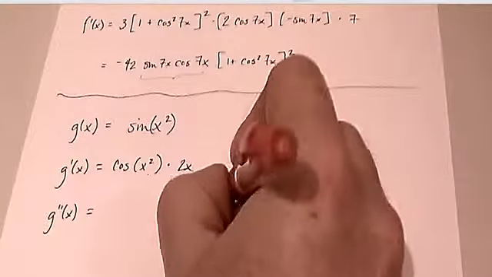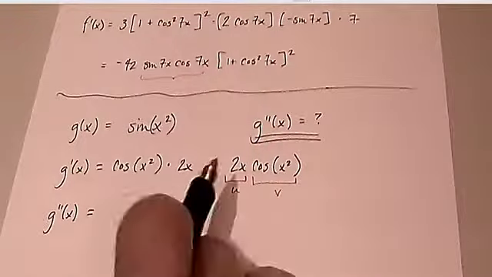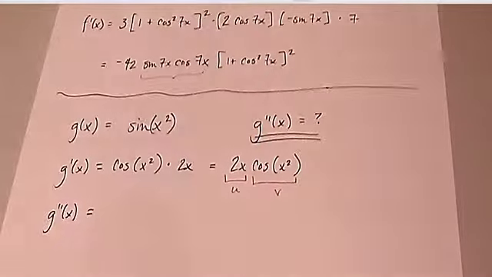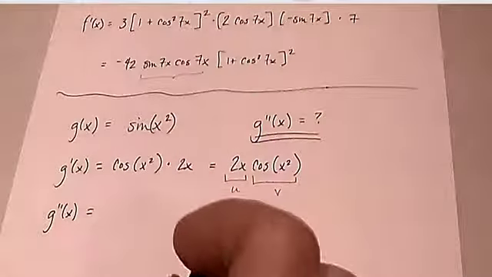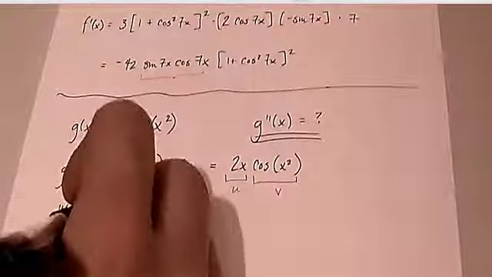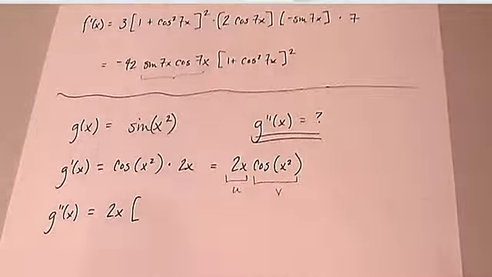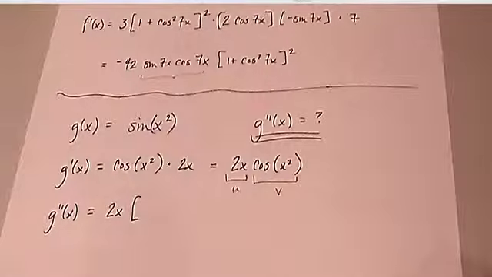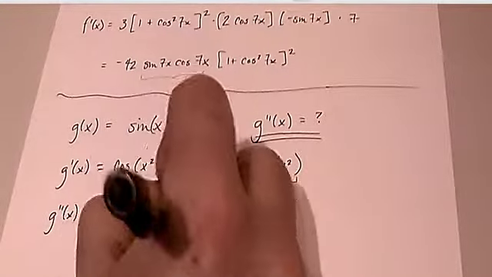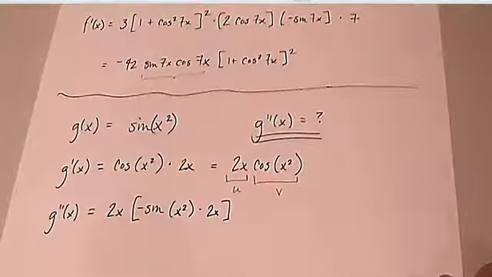And let's go ahead and designate our u and our v for our product rule. Now you can include the 2 in u, or you can pull the 2 out in front and treat it as a coefficient that comes along for the ride. I don't really care. I'm just going to go ahead and include it with u so I don't forget it along the way. Now, I know that I need u prime. Now let's take the derivative of v. Now what's the derivative of cosine of stuff? Well, the derivative of cosine of stuff is negative sine of stuff times the derivative of stuff, right?